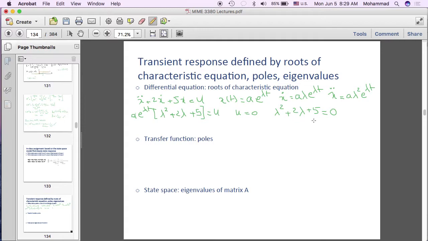Okay. Now, I want to show you that the roots of the characteristic equation are exactly the same values as the poles of the transfer function. How are we going to do it?